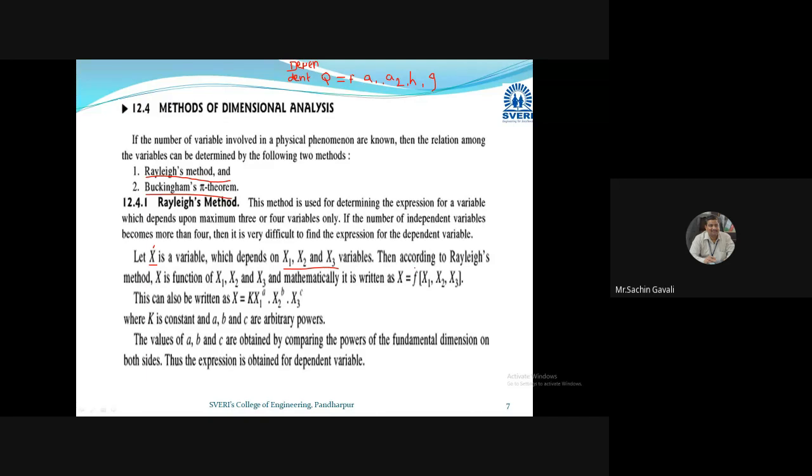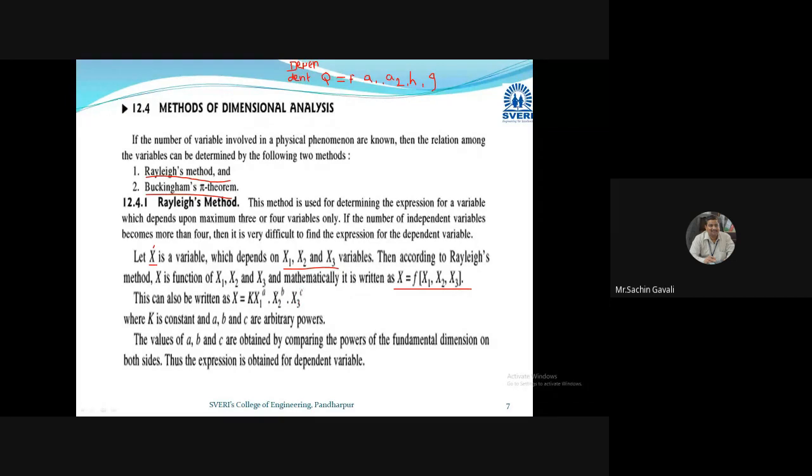According to Rayleigh's method, x is a function of x1, x2 and x3. We can write the dependent variable as a function of the variables it depends on, and their relation can be written as x equals k into x1 raised to a, into x2 raised to b, into x3 raised to c, where k is a constant.